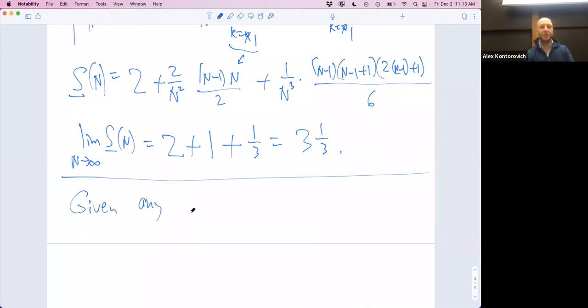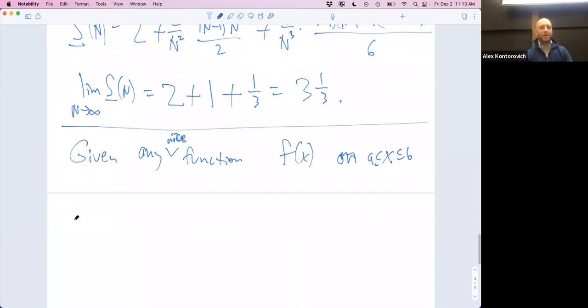Given any nice function, of course, continuous or piecewise continuous, whatever, function f of x on a range a to b, we want the area, and I'll put area in quotes because if my function does this the area is negative.